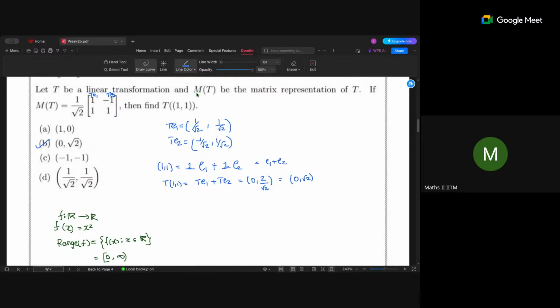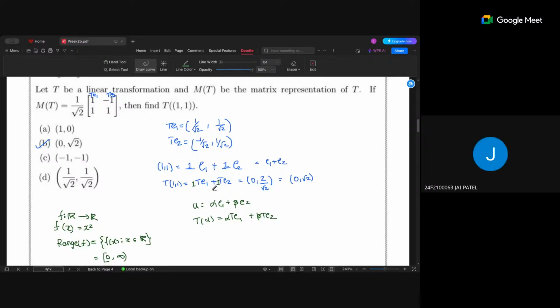Okay, see, suppose you have u equal to alpha x plus beta y. So alpha e1 plus beta e2. Then T of u is alpha T1 plus beta T2 from the properties of linear transformation. This you understand, right? Yes, ma'am. So here there is a 1 here, that's all. Multiplying by 1 is not making any significant change. So I have not written the 1 here. That's all.